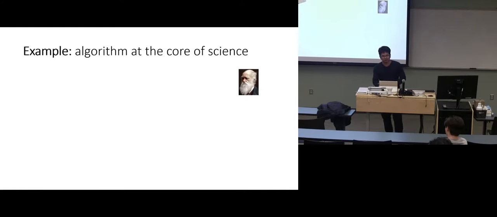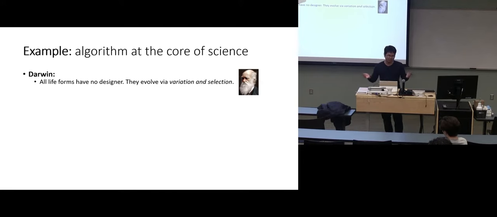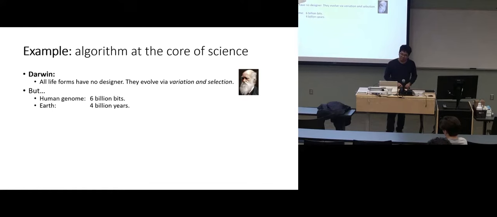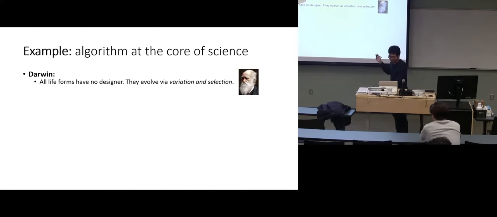Let me give you an example. Darwin's theory of evolution says that all life forms evolve using variation and selection. This is a somewhat vague statement, but believable, and it's the dominating theory right now. By the way, I really believe in this.